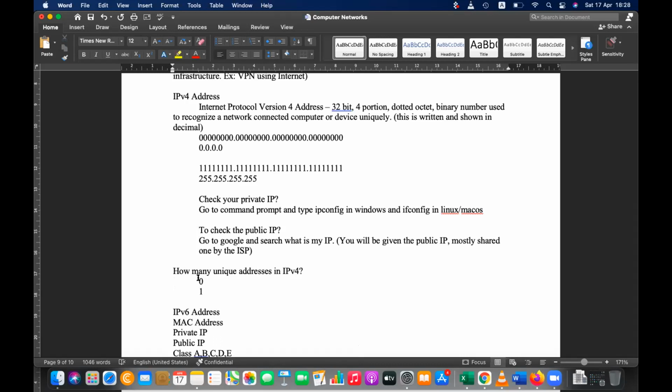If there are 2 bits, you have 0 0, 0 1 is another address, 1 0 is another address, and 1 1 is another address. You have 4 addresses. If you have 3 bits, then you have 8 addresses. Likewise, theoretically, how many IP addresses does IP version 4 have?